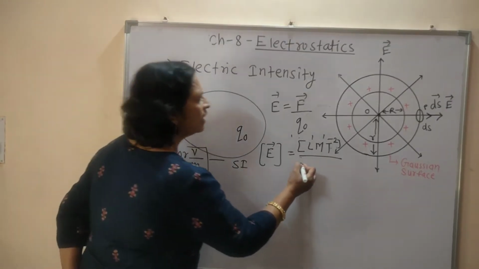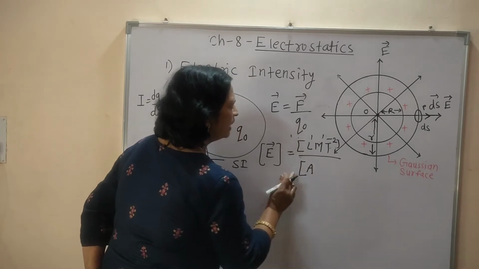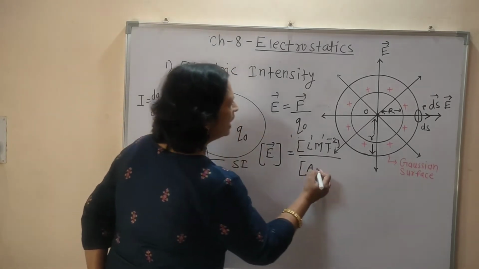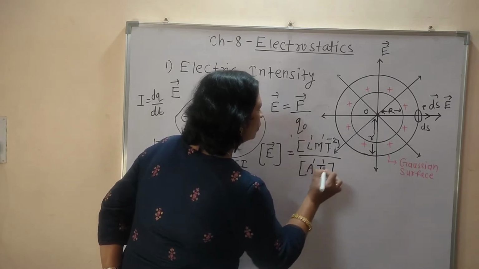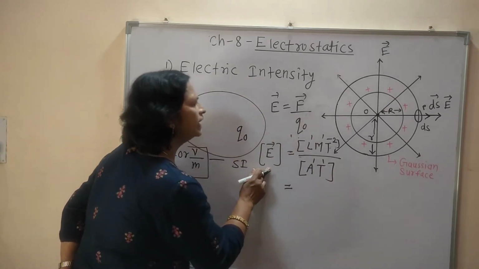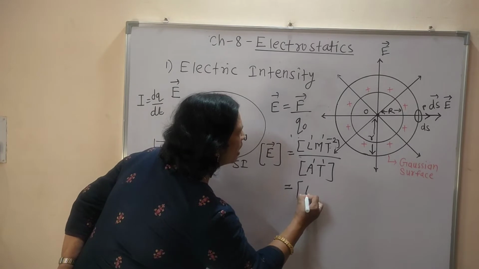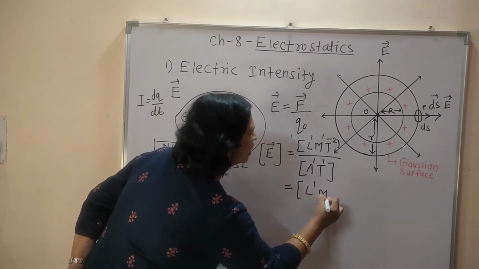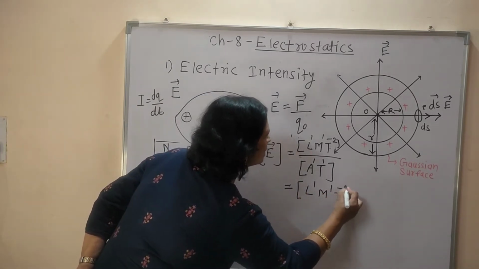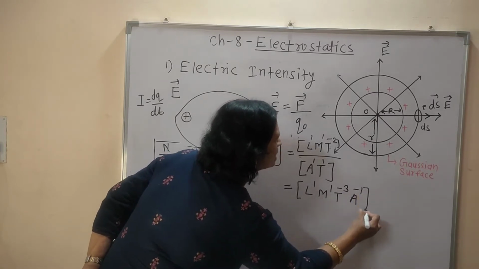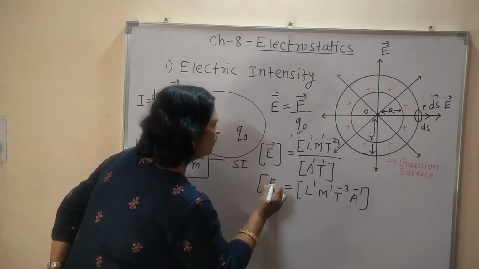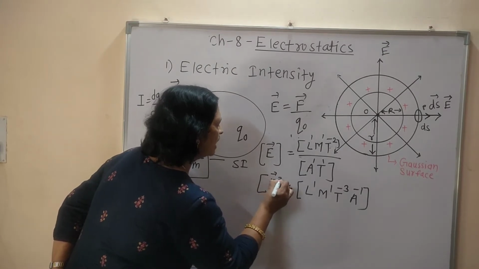I means the current, ampere, and T means T raised to 1. Then the total dimension of electric intensity is L raised to 1, M raised to 1, T raised to minus 3 and ampere raised to minus 1.